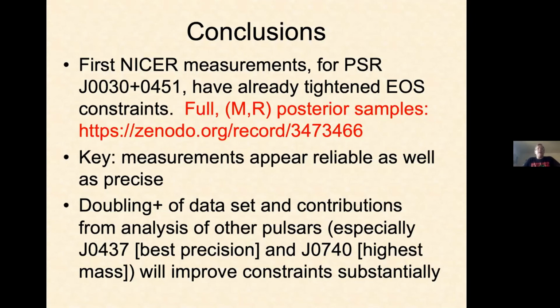We're following standard practice in that we are assuming that we know the equation of state below half of nuclear saturation density. And that's typical. You need to make some assumptions. It's fairly well known down there, and it doesn't have a big impact on either the mass or the radius.